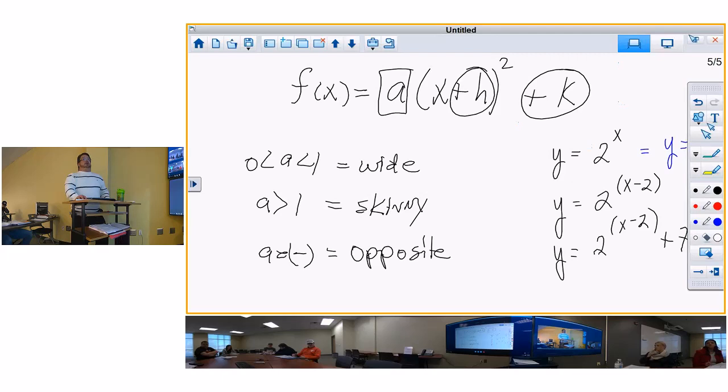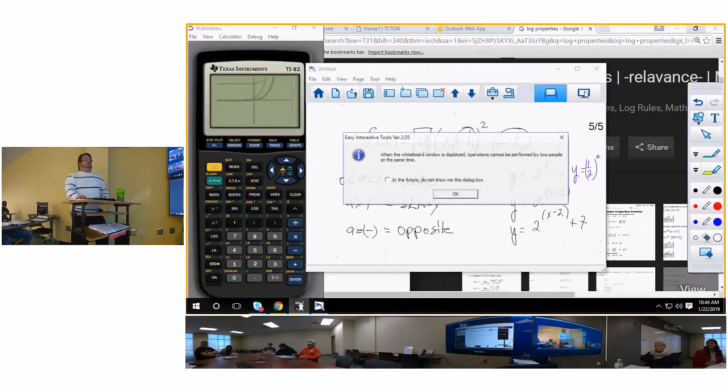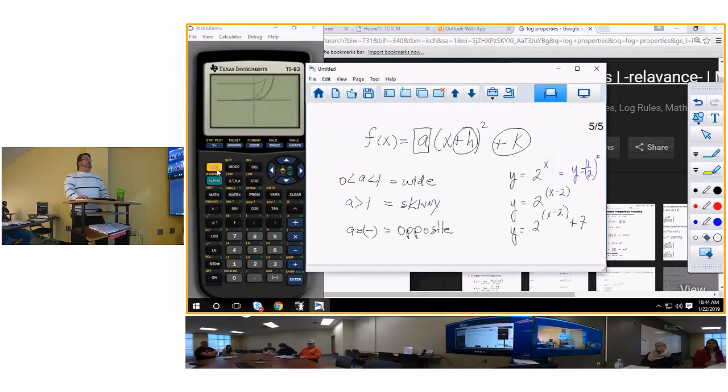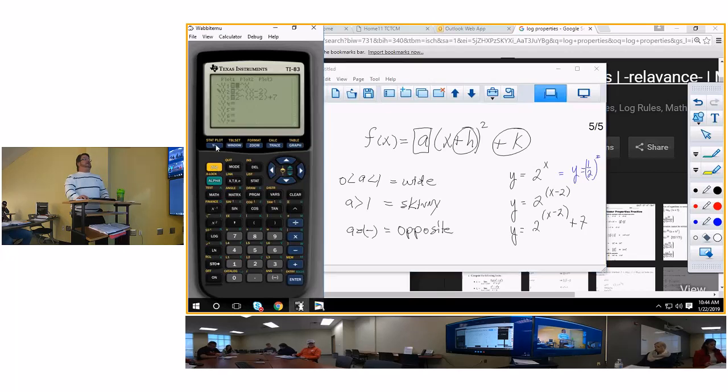So I'm going to go back to my calculator, and I'm going to type in y. Well, I'm going to take out the first 2 because we don't need to compare those. I'm going to take that one out, and that one out, and I'm just going to graph this one in dark color.